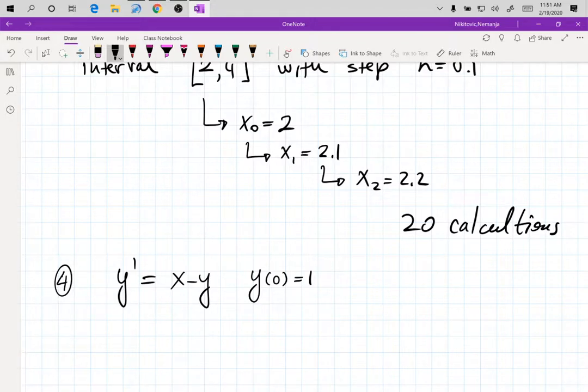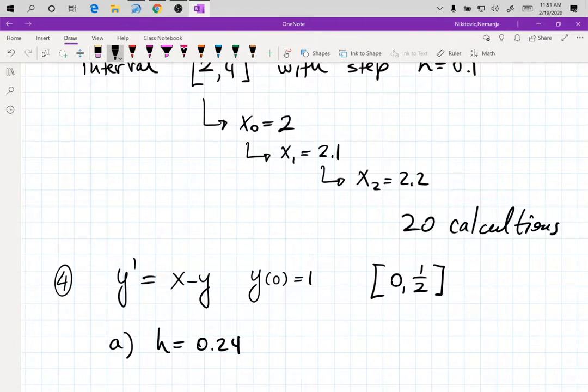They say solve on the interval 0 to 1/2, first with a step size of 0.25, and then with a step size of 0.1. So it's like 2 calculations. A, step size is 1/4. That's going to be 2 calculations, right? And then B, h equals 0.1. All right, that's it. Now, we know that 1/2 is 0.5, so we'll live with both of these.